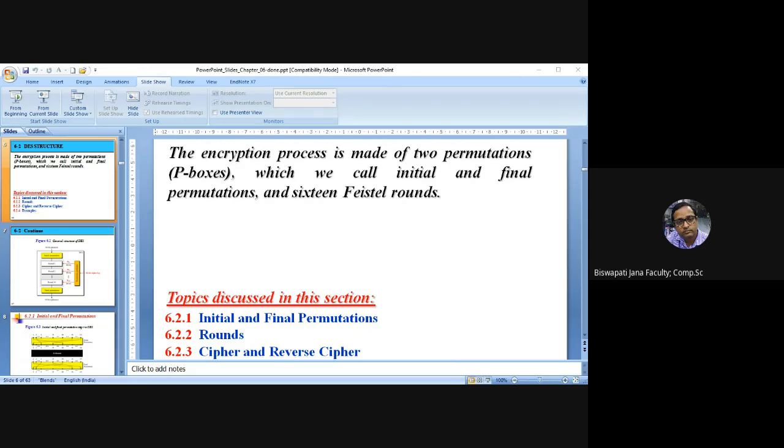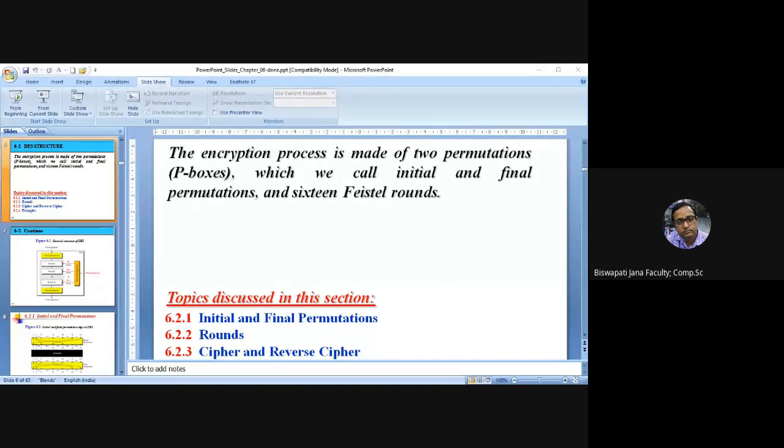A permutation means you just change the position of the bit pattern, and then during this total DES encryption scheme, you use a key generation technique where a 56-bit cipher key is taken as the key for encryption, and then from this 56-bit key, some bits are discarded, and we take a 48-bit session key for each round.